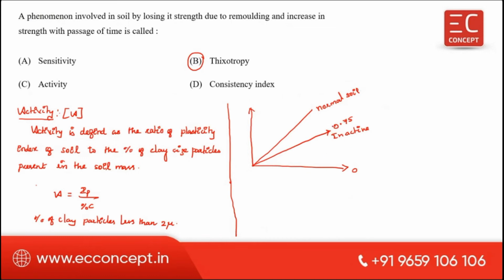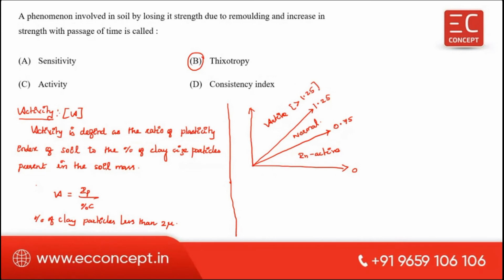And 0.75 to 1.25 is the normal soil, and beyond that is the active soil. Active means the activity value is greater than 1.25.